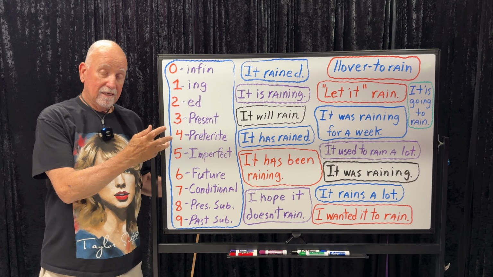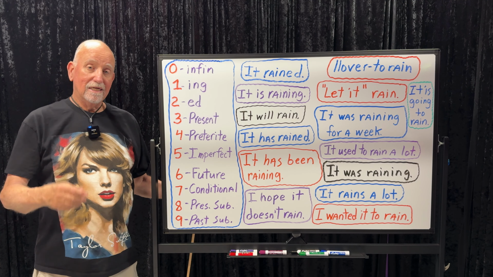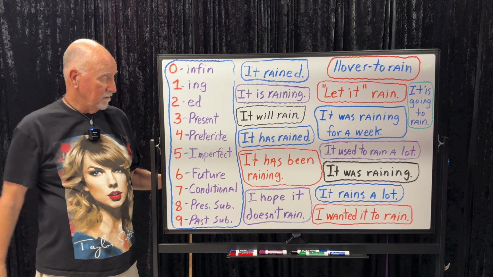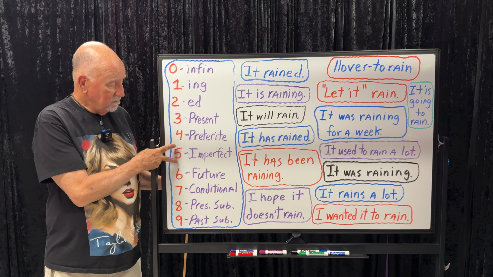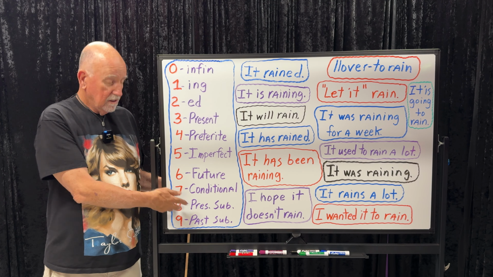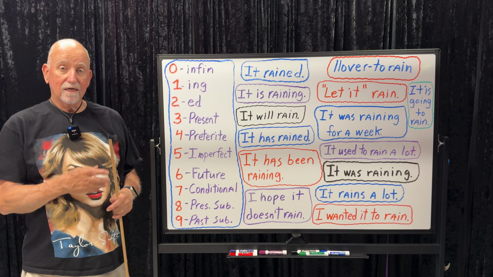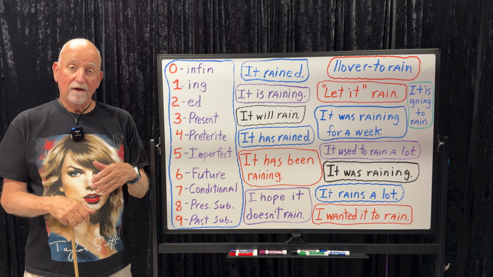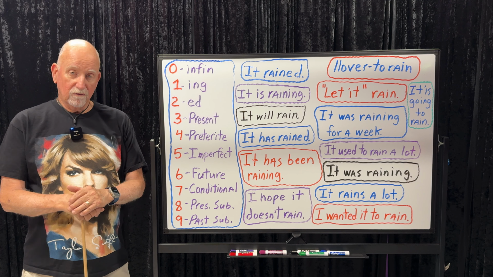Now, been is a past participle. It doesn't end in ed, but it falls into number 2 category. It is a past participle. And then the present, our 2 past tenses, preterite and imperfect, will, future, would, conditional, and your two subjunctives. Really, there's not a lot of thinking involved anymore. You have to practice and be familiar with the verb tenses.